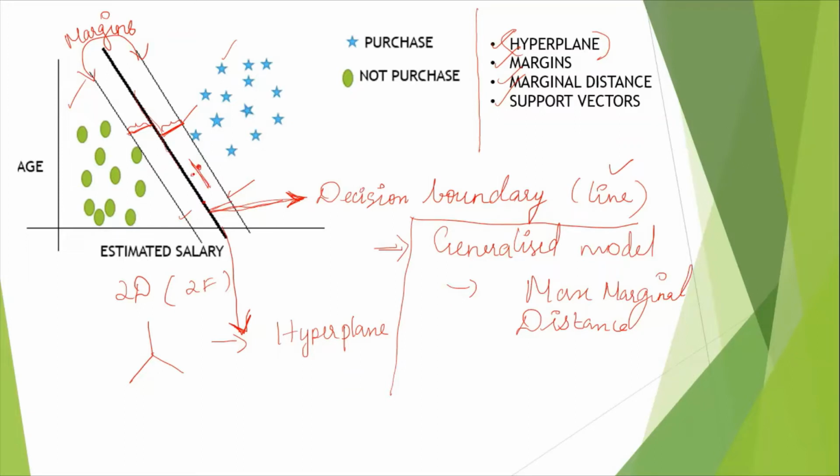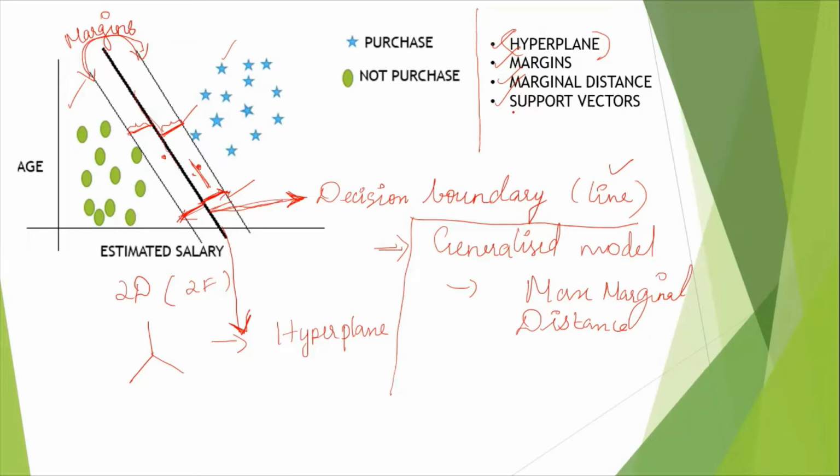Suppose it comes on this side of the line, this could be a circle. That way there is a chance of misclassification. So that's why we have to make the margins as wide as possible, so that if any new data comes, it can be classified better. That is the concept of margins. Based on these two, this decision boundary is formed.